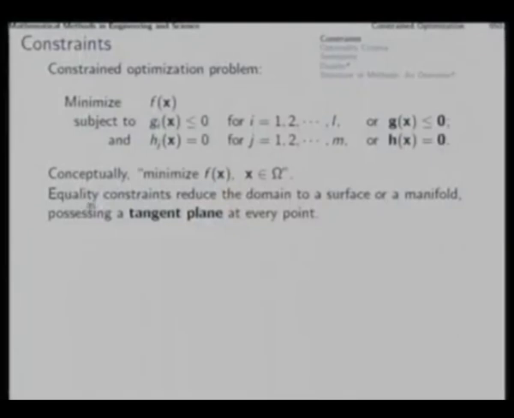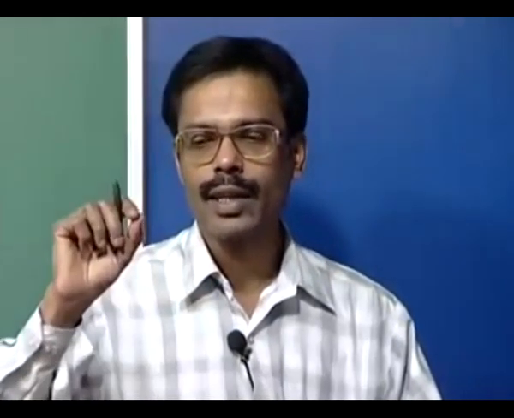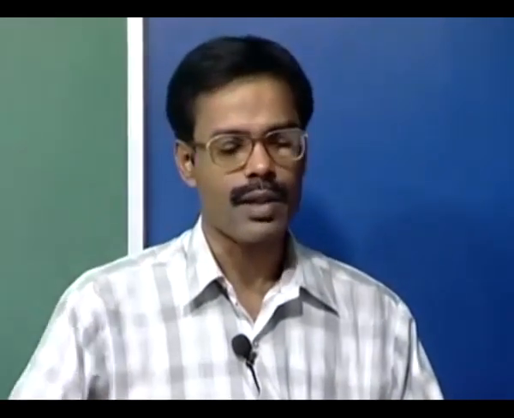So, when we have such constraints, you can talk of a tangent plane at every point on the surface describing the equality constraint. For an equality constraint, if you have a surface, then every point on that surface is feasible, and at that point you can talk of a tangent plane.